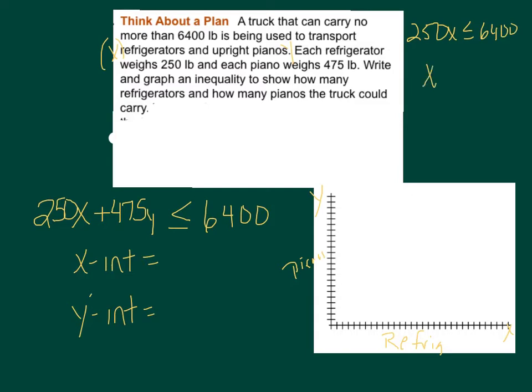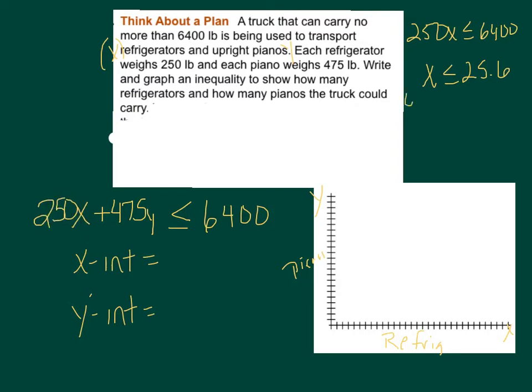Now when I solve that, I get about 25.6. Don't worry about the decimal in this. It's 25.5, pretty close. Now the next thing I need to do is find my y value. So I'm going to make my x 0, and remember, when I make my x 0, this term's going to go away.